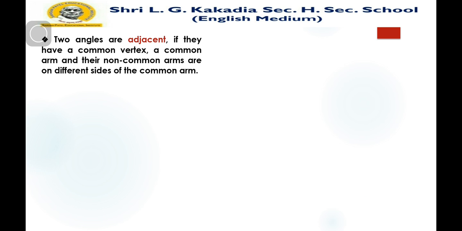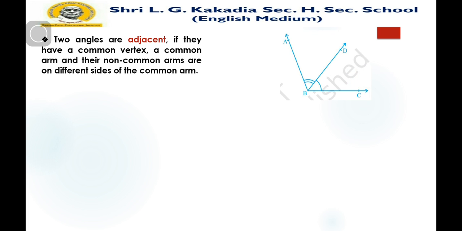Now, more other angles that we are going to study here. Two angles are adjacent if they have a common vertex, a common arm, and their non-common arms are on different sides of the common arm, as you can see in the figure.